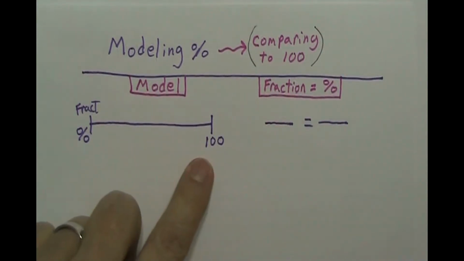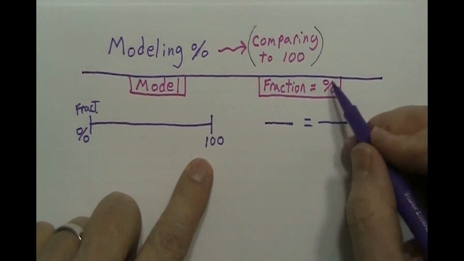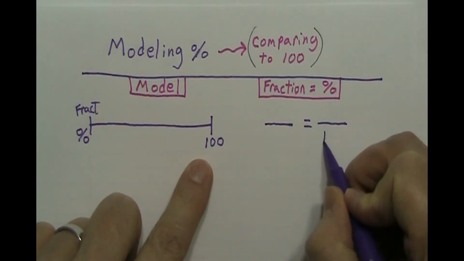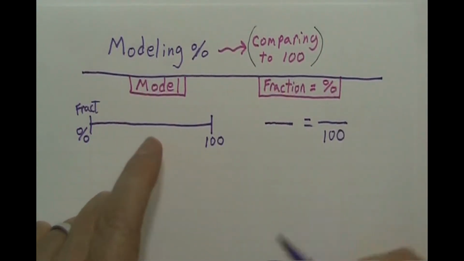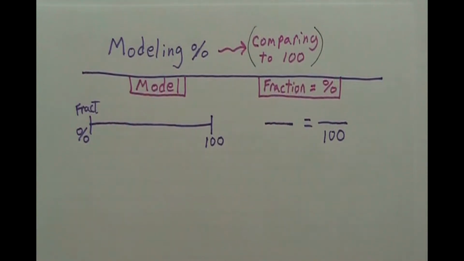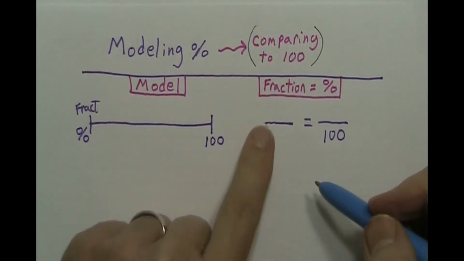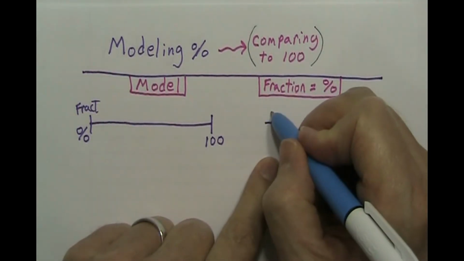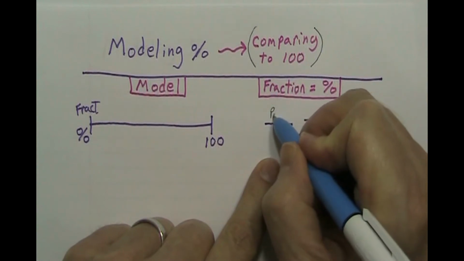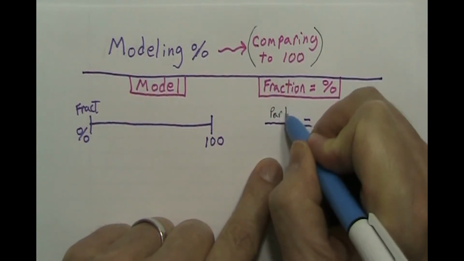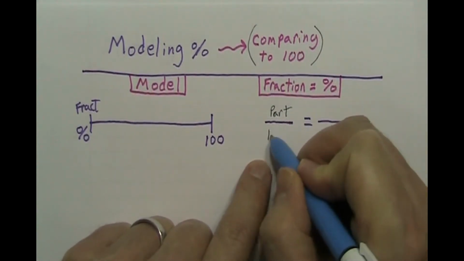All right, so this is our percent over here, and this is the 100 down below. And on the fraction, this will be what we call the part, P-A-R-T, part, out of the total.